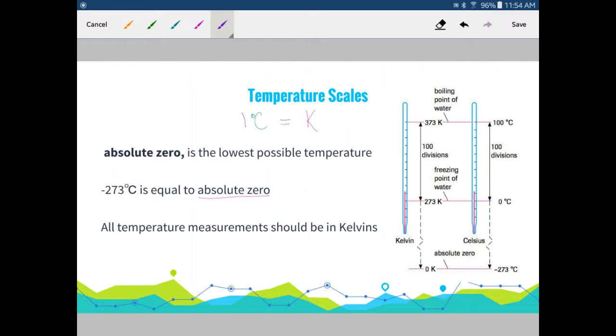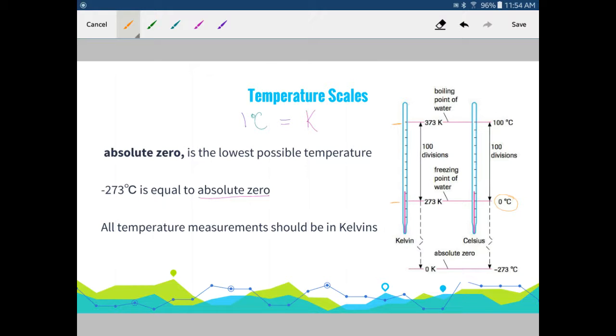So when we have absolute zero is equal to negative 273 degrees Celsius, where 0 degrees Celsius, if you look at the diagram on the right here, we see that 0 degrees Celsius is equal to 273 kelvins. If I have 100 degrees Celsius, it's 373 kelvins.